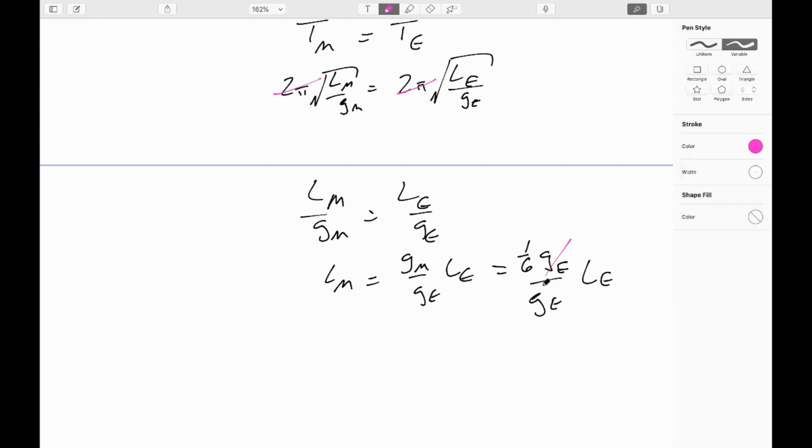So now that cancels, so we get that the length on the moon would have to be 1/6 how long it was on the Earth. Since you made it 2 meters long on Earth, it needs to be 1/3 of a meter long on the Moon to swing at the same rate.